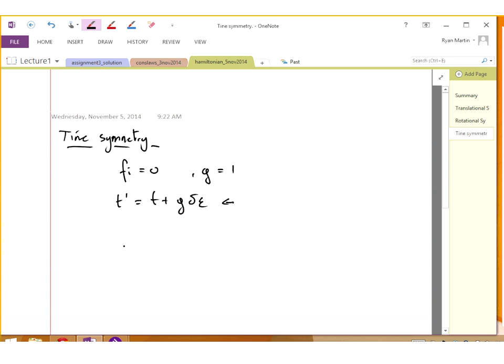The conserved quantity, so this time I won't write out the sum of the Fi Pi's, is the sum from i equals 1 to n of Pi qi dot minus L. And we saw that that was equal to what we called H, the Jacobi integral.